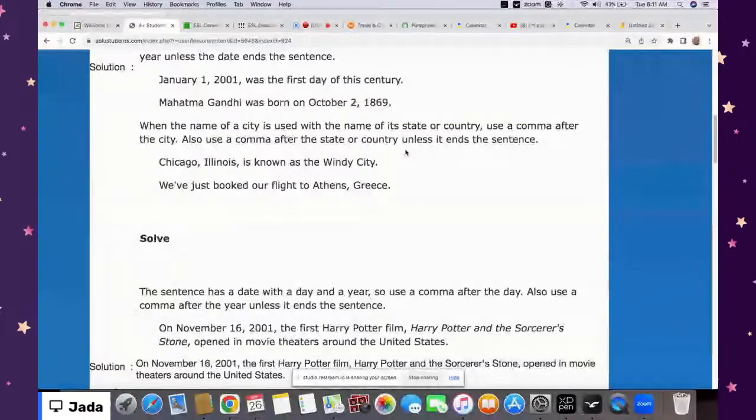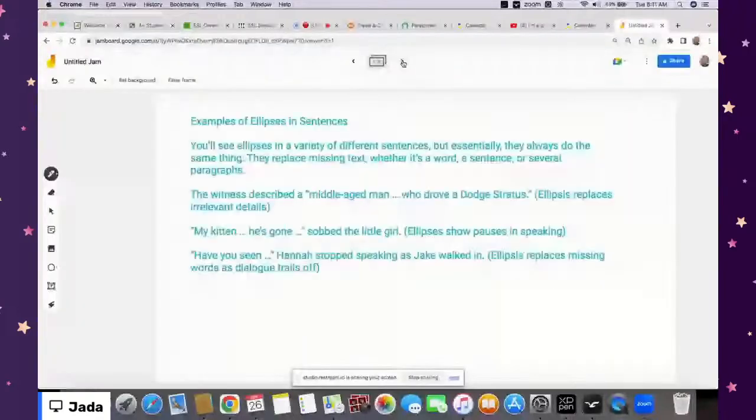All right. So just like when we have Chicago, that's the city, right? And then you put the state after. It's known as the Windy City. We just booked our flight to Athens, Greece. Okay, so let's have some examples.